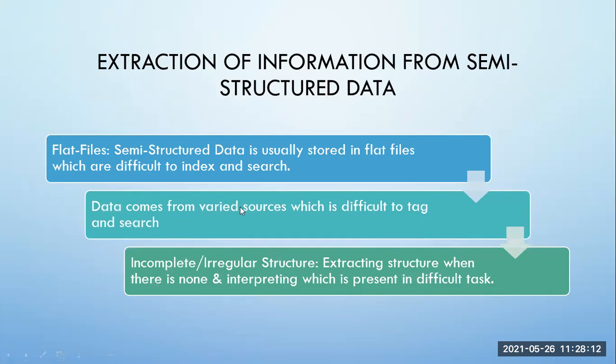Then data comes from very varied sources, which is difficult to tag and search; these are heterogeneous sources. And the last one, incomplete and irregular: extracting structure when there is none, meaning nothing is available in the data, and interpreting it is a difficult task. Either nothing is available, or something is available but it is not proper, so making it proper is a difficult task.